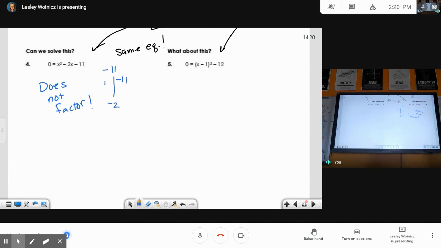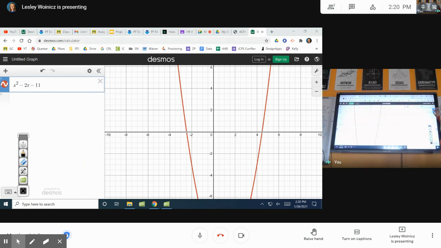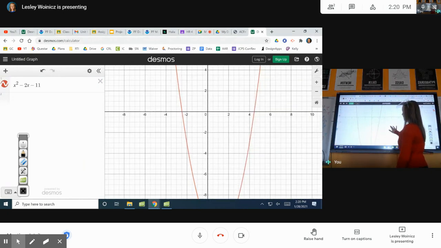So you might think, does it have solutions? Maybe it's not factorable because it doesn't have any real solutions. Maybe this equation, like y equals something, is floating up here and never crosses the x-axis. Well, we're going to look. If we go to Desmos, you see I've put in x squared minus 2x minus 11. You can see it over here.